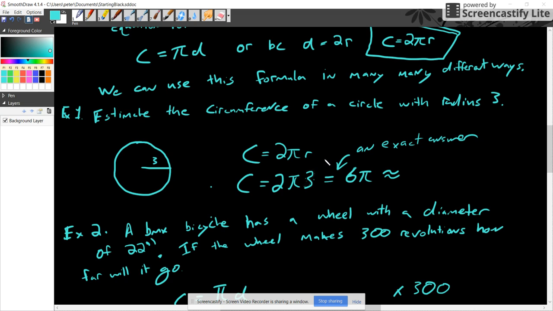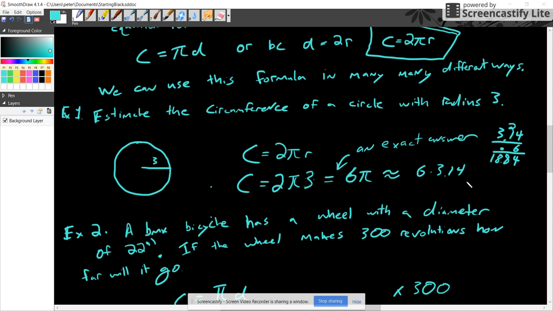So what's going to be 6 times 3.14? 3.14 times 6: 6 times 4 is 24, write 4, carry the 2. 6 times 1 plus 2 is 8. 6 times 3 is 18.